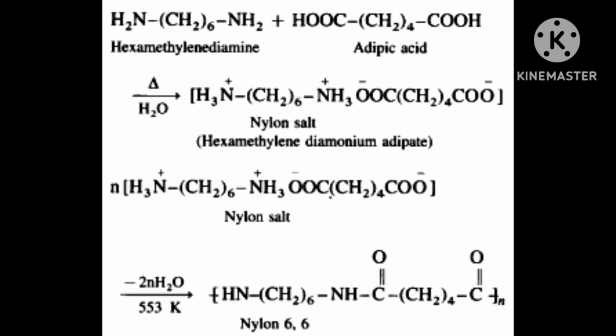Only that in bracket you write the product, the repeating unit always you should write in bracket, and whole n you can write down. On one side nitrogen will have open valency, and on the other side carbon will have open valency.